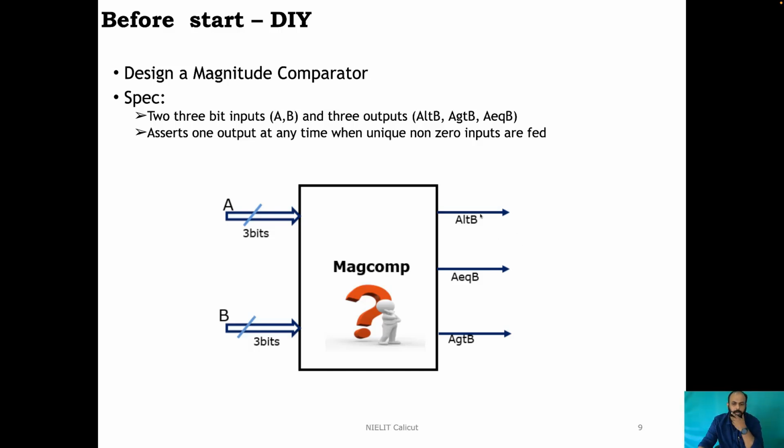Now if you are not using a hardware description language and are trying to go for the schematic way of design entry, we will have to draw a truth table and list out all the combinations. You see there is a 3-bit A and a 3-bit B, so there will be a total 6-bit input to be compared among itself. So there will be 2 to the power of 6 combinations.